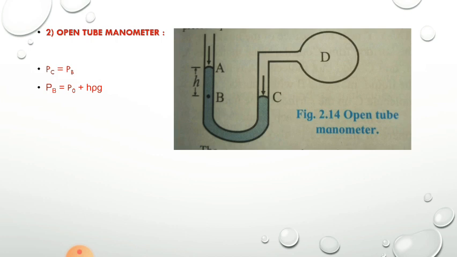Here rho is the density of the liquid which is present in the U-shaped tube. H is the height of the liquid column above point B as shown in the figure, and g, small g, is the acceleration due to gravity.